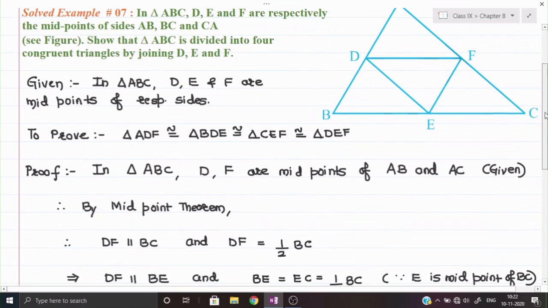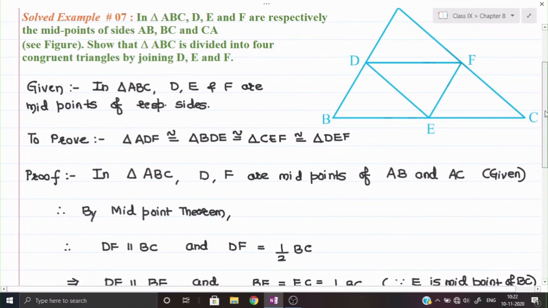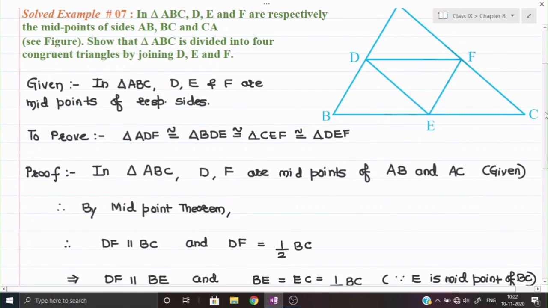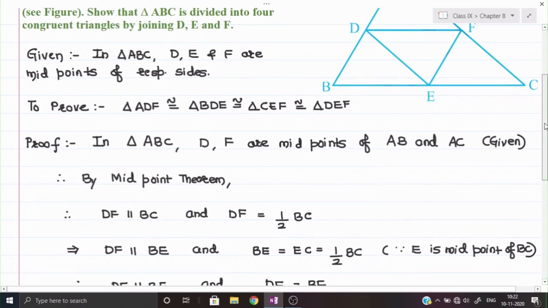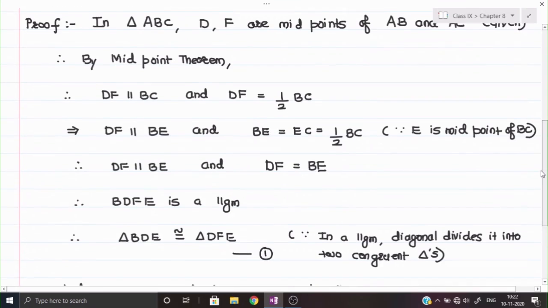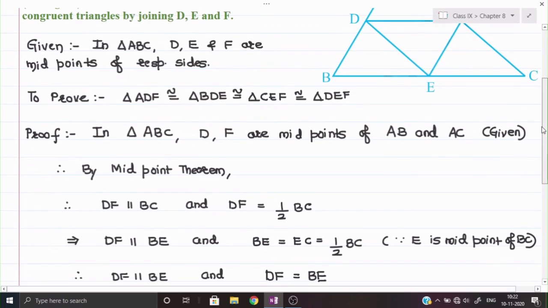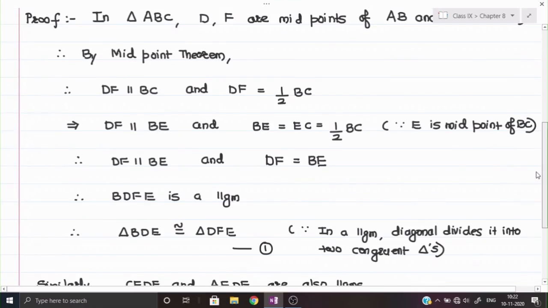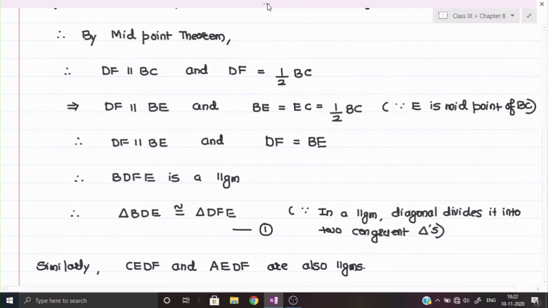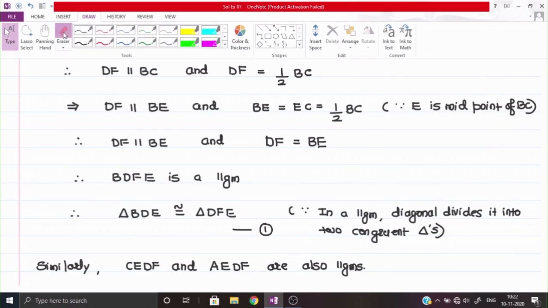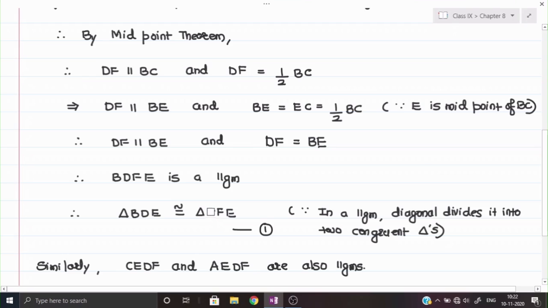So BDE is right and the second one is FDE. Here we shall make the correction, because it is not one-to-one correspondence. Since we are writing the triangle's name, it should be in one-to-one correspondence. So this we shall write as triangle FD.